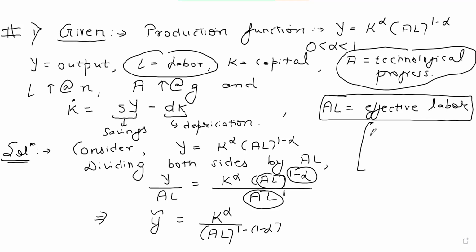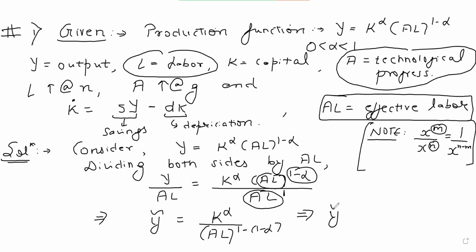I'm writing a note here that x^m over x^n I can write as x^(m−n). These are certain properties of power functions. So similarly, (AL)^(1−α) divided by AL, I can write as 1 over (AL)^(1−(1−α)).